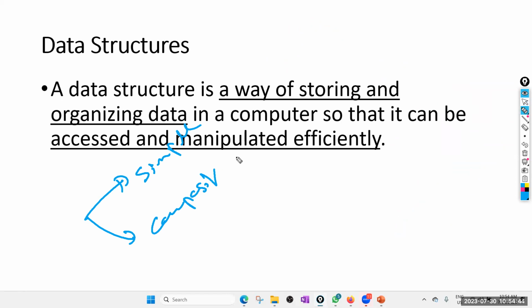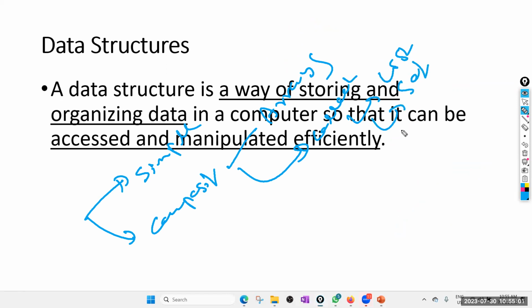Another one? So you learned about the collection framework. So there you learn list, set, map. Right? So those are also variables, right?